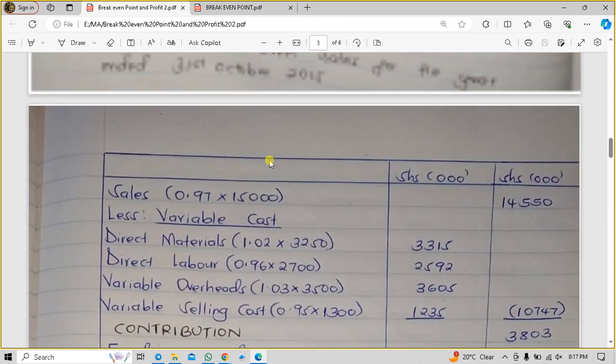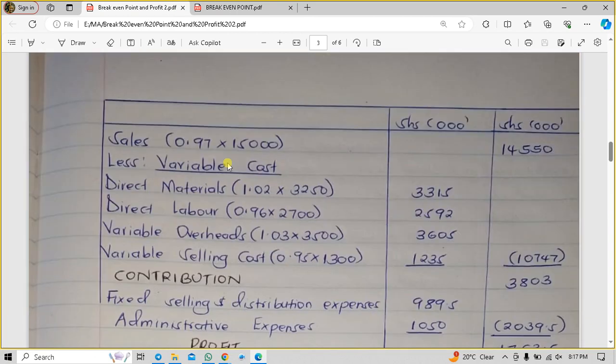Next step, si tumepata sales, we are going to less the variable costs. So you write less variable costs.